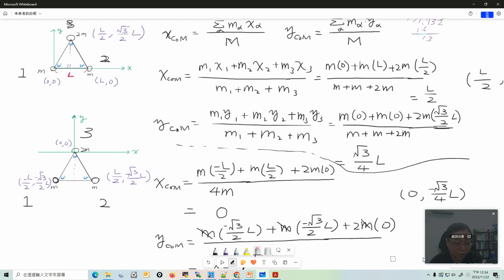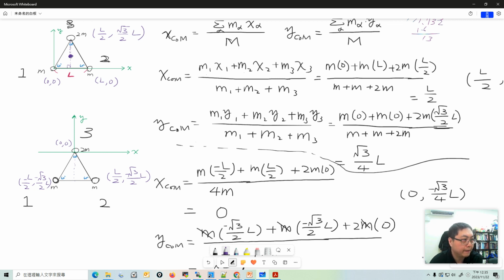I think it's right in the middle. Because this is square root of 3 divided by 2 times L, the y coordinate is square root of 3 divided by 4 L, so it should be here.